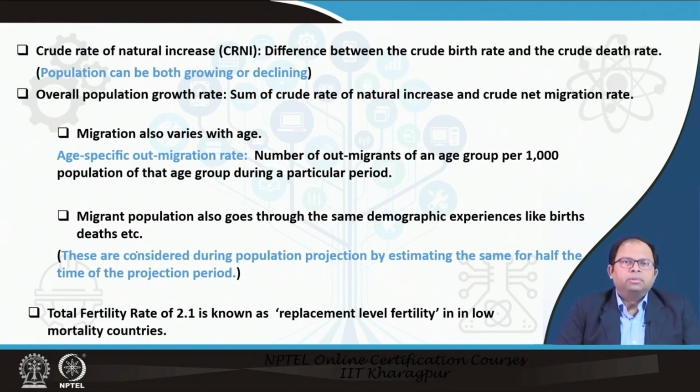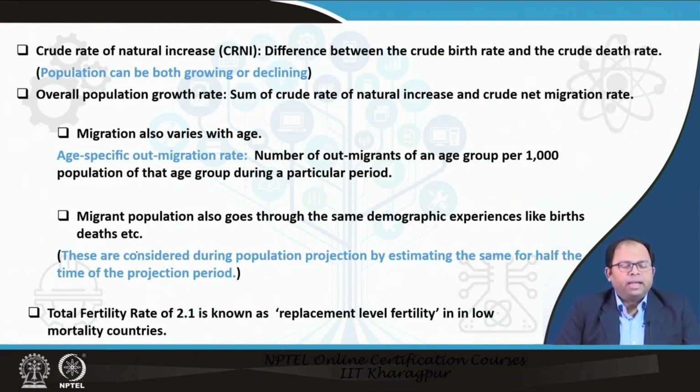That means if the crude death rate is higher, the population would be declining. If the crude birth rate is higher, then the population would be growing. And the overall population growth rate is the sum of the crude rate of natural increase and the crude net migration rate. So we take both migration and natural increase to determine the overall population growth rate for an urban area.